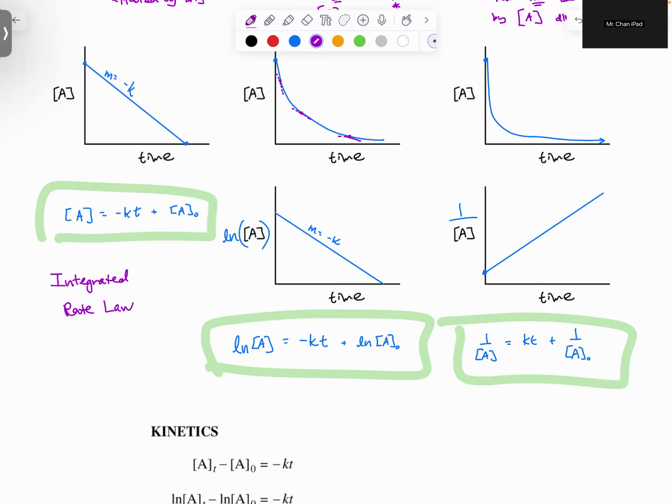Now, the name actually, in this case, is not that impactful. What is impactful is your recognition that all these three equations have a variable time in them. If you have some calculation and it involves time, it's a very strong indicator that this is the direction of your path. If your calculation does not involve time, don't worry about these three equations.